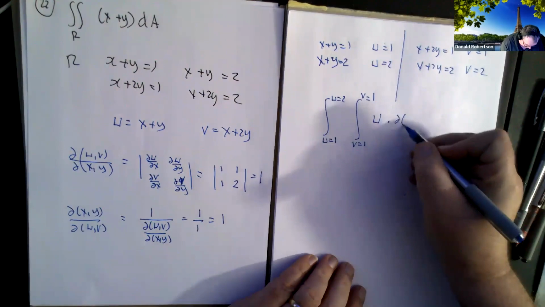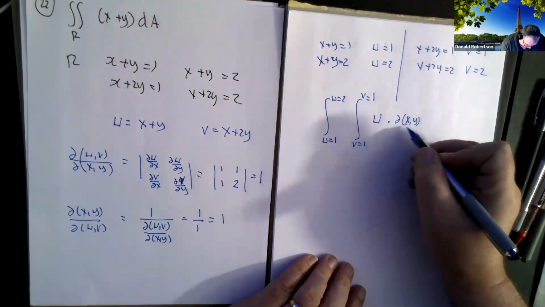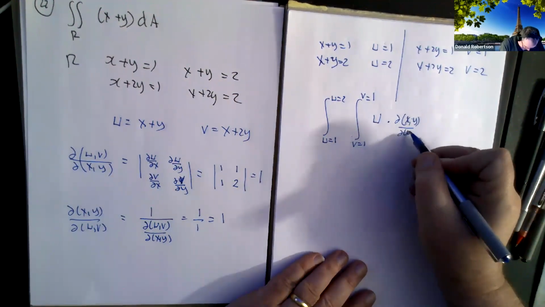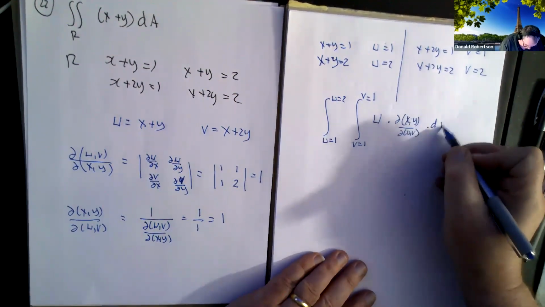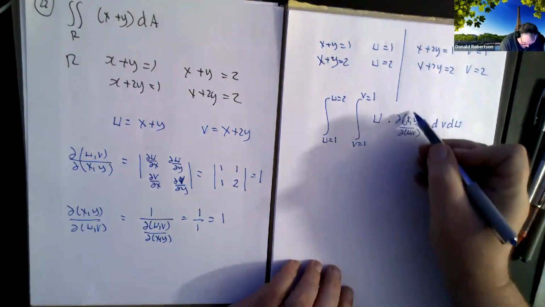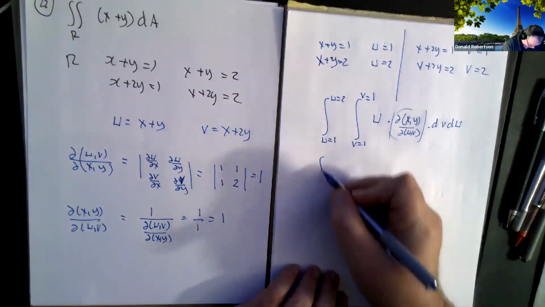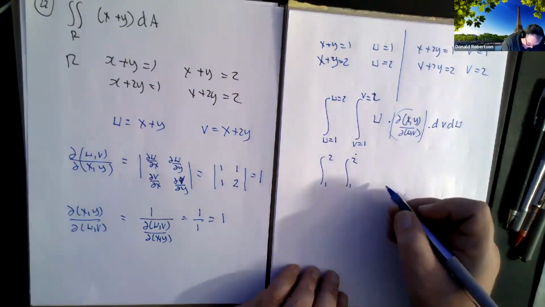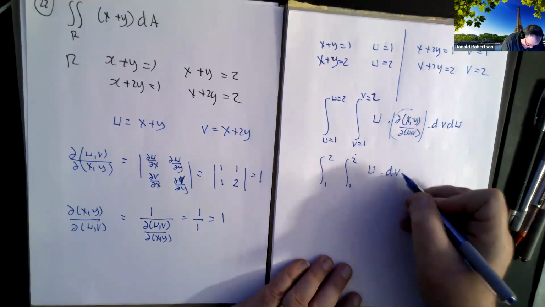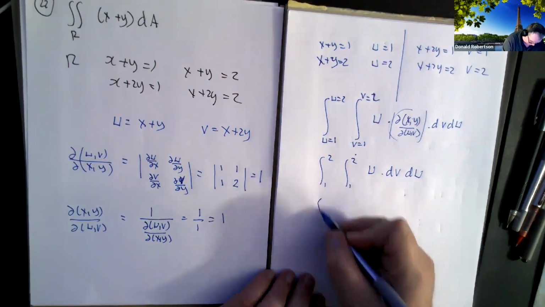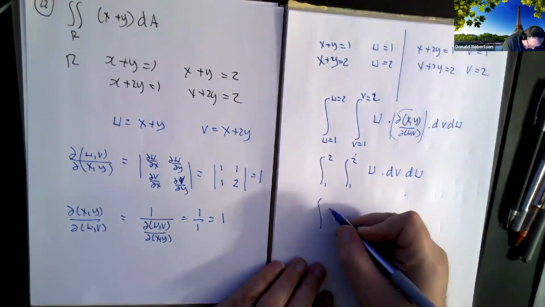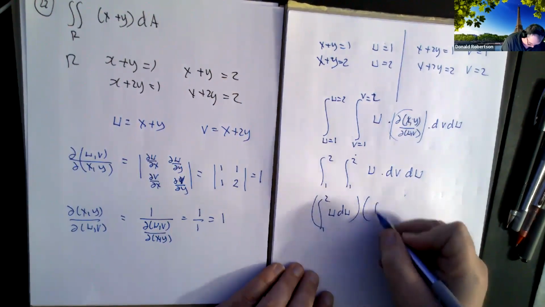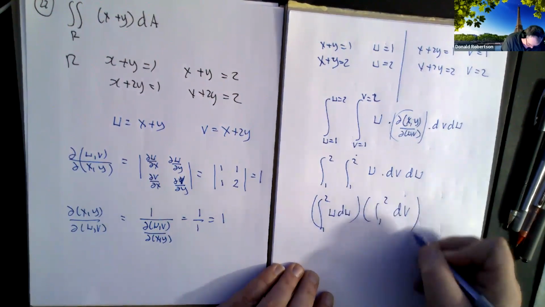The Jacobian. Did I get it the right way around? Times, well, in my case, dv du. Well, that guy is 1. So you're basically doing 1 to 2, 1 to 2, u, dv, du, which splits very nicely into a 1 to 2 du and a 1 to 2 dv.